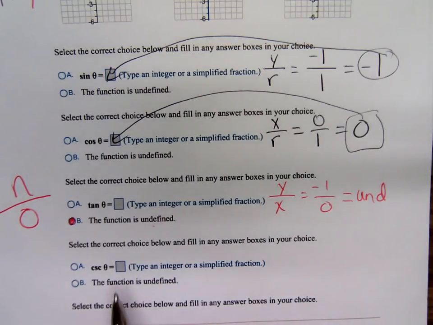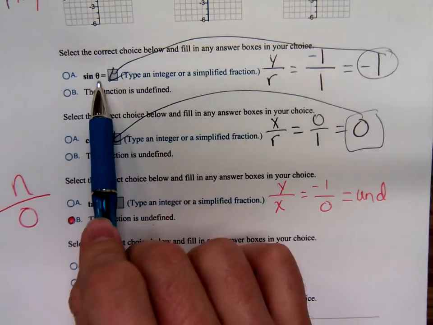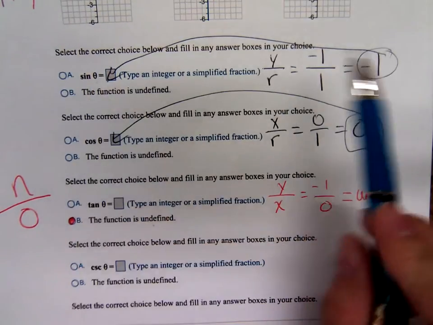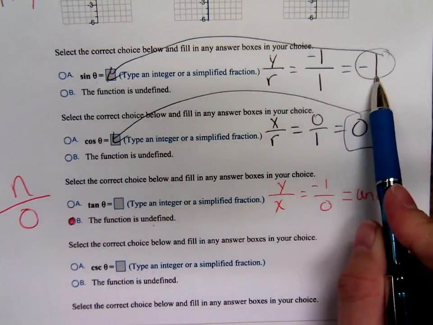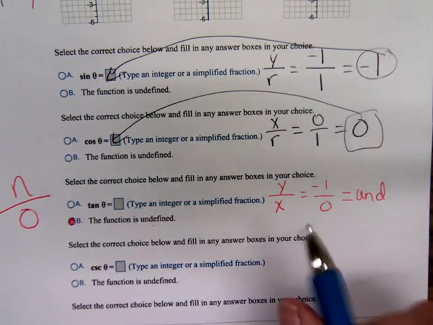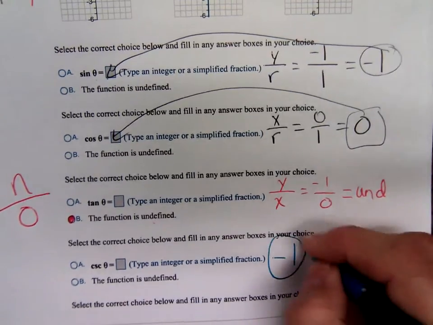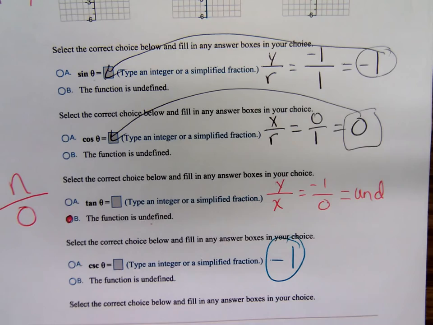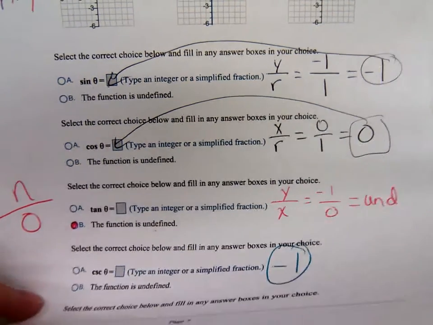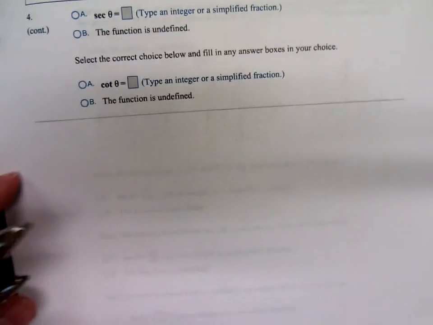Cosecant is the reciprocal of sine. So, flipping -1, the reciprocal of -1 is -1. Next, let's see, what is it asking for next? Secant.